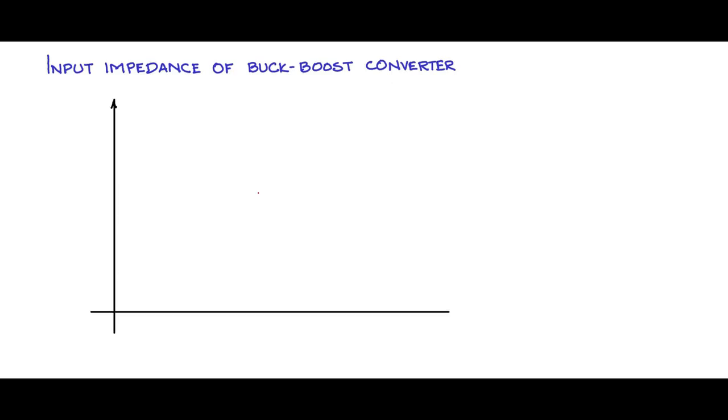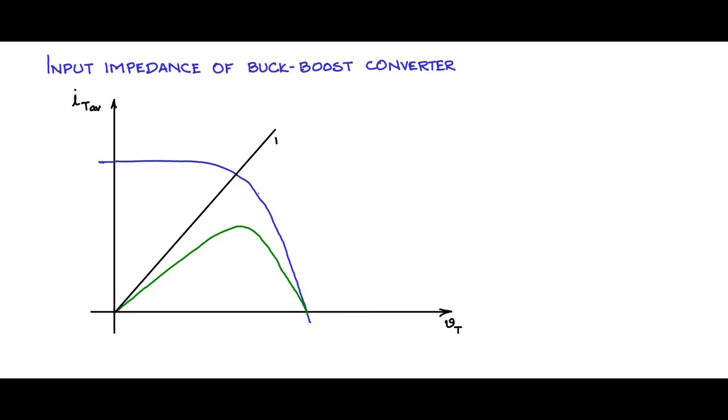So let us draw the graph. You have the x-axis Vt, the terminal voltage across the panel. The y-axis is IT average. Let me draw the IV curve in blue.